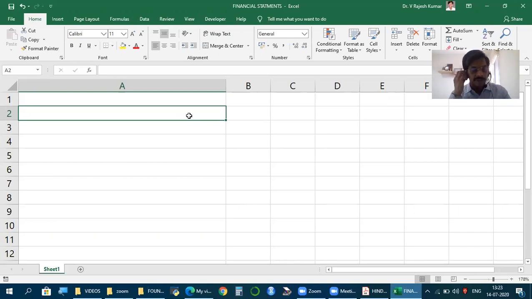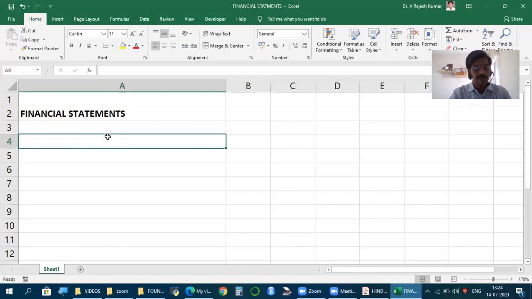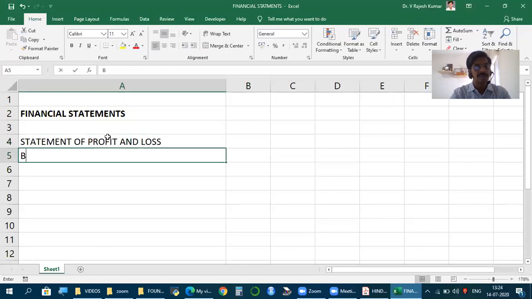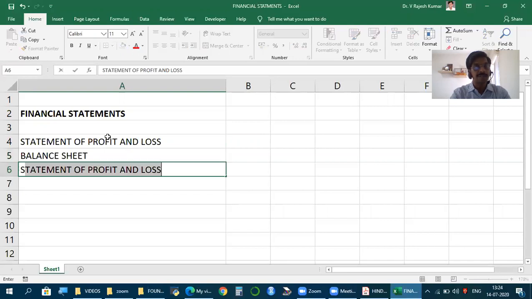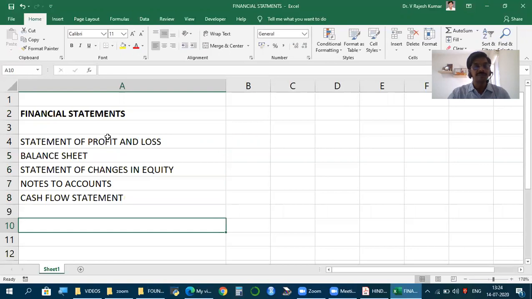Now, when I use the term financial statements, it includes the following: statement of profit and loss, balance sheet, statement of changes in equity, notes to accounts, and cash flow statement.